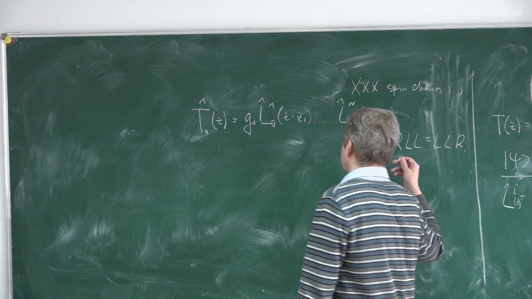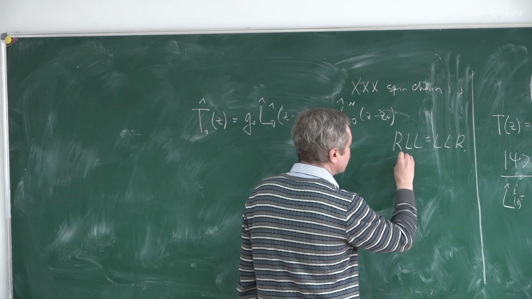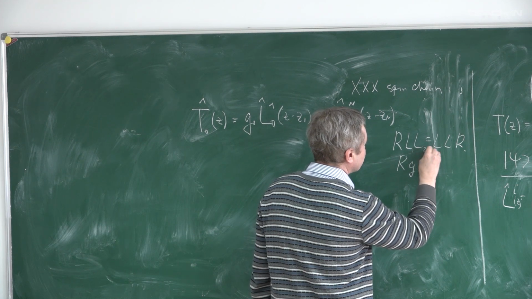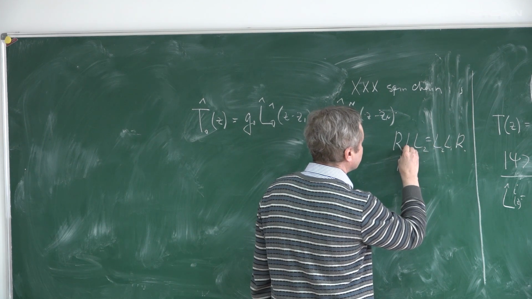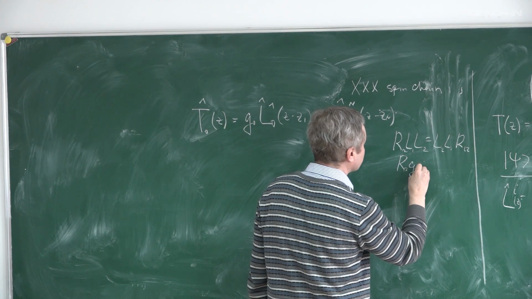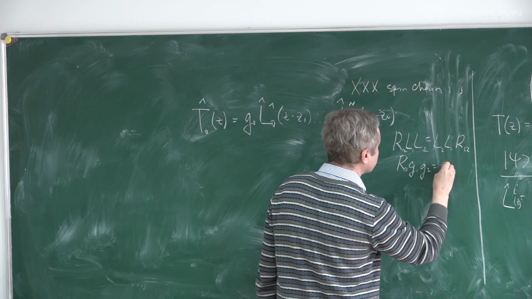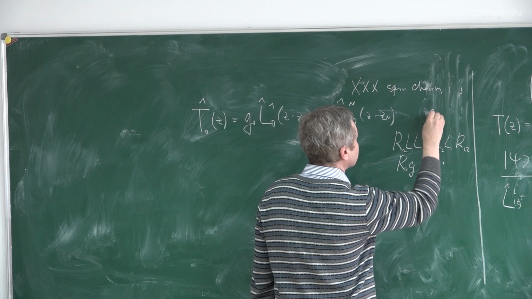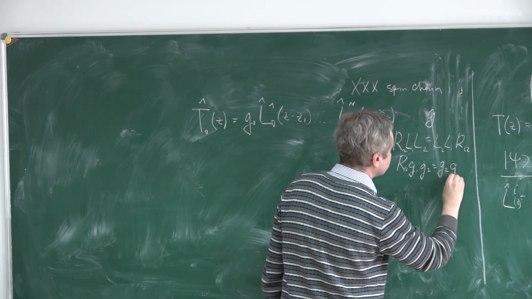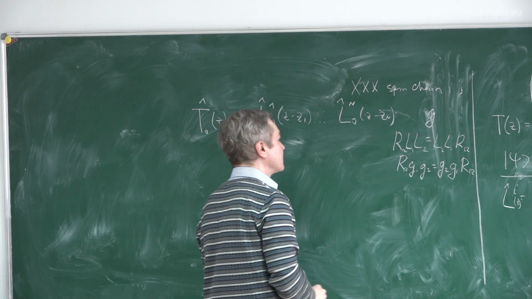But sometimes some R matrices satisfy also the same relation for some constant matrices G1 and G2, for some constant matrix G, which is called the twist matrix.